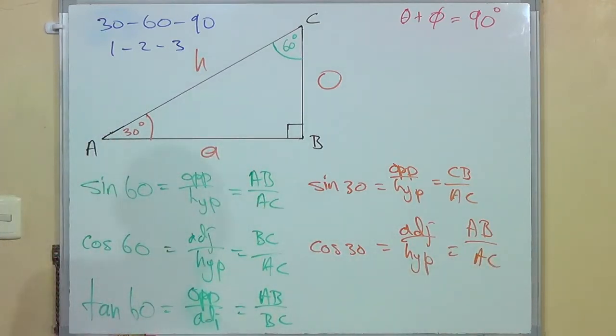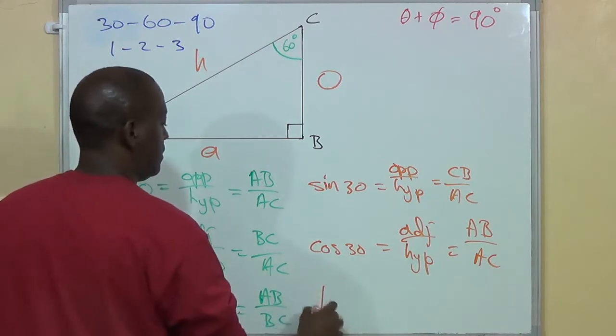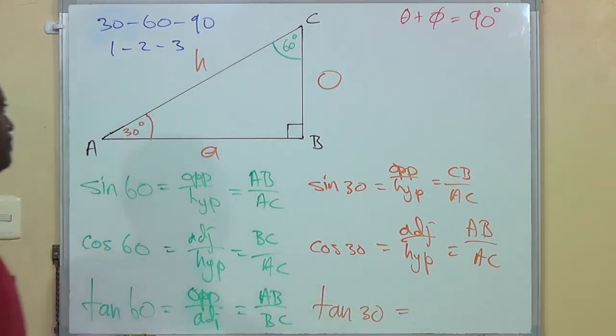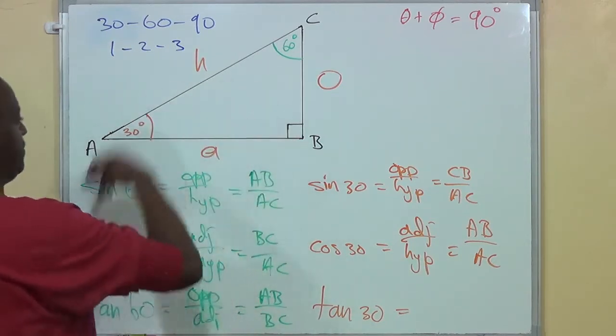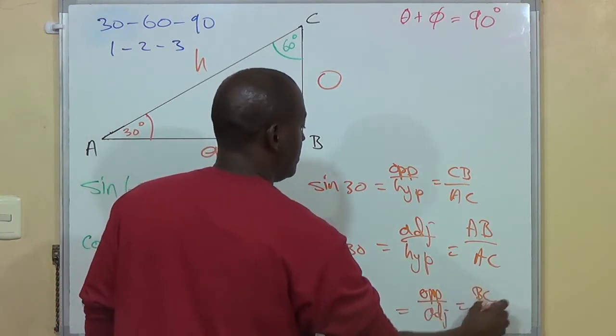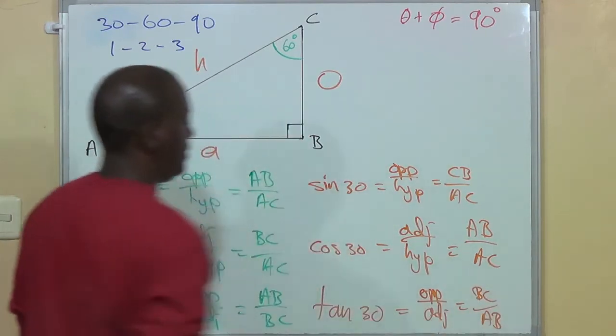And the tangent of 30 will be what? Opposite over adjacent, which is BC over AB.